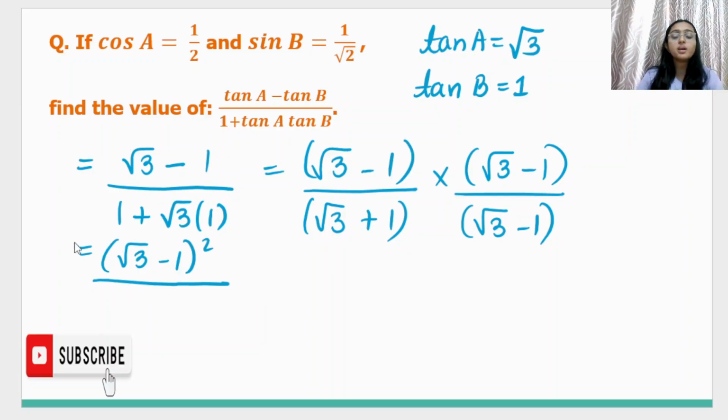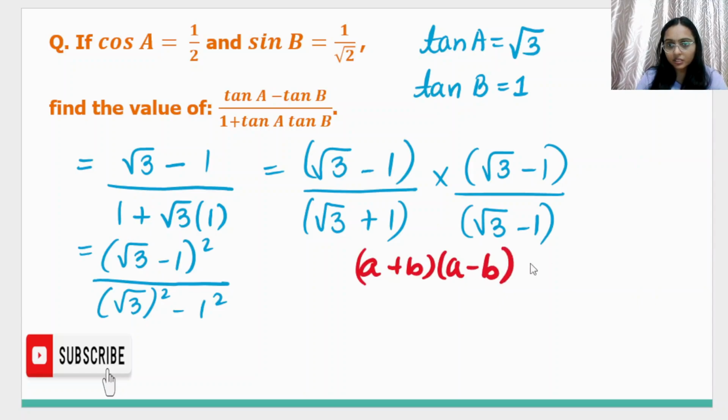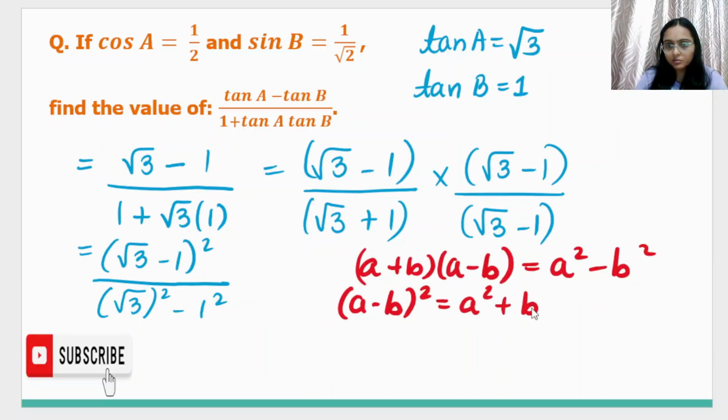So it is of the form a plus b, a minus b, which is a square minus b square. I'll just write the formula over here. If you have a plus b times a minus b, it is a square minus b square. And when you have a minus b the whole square, it is a square plus b square minus 2ab.